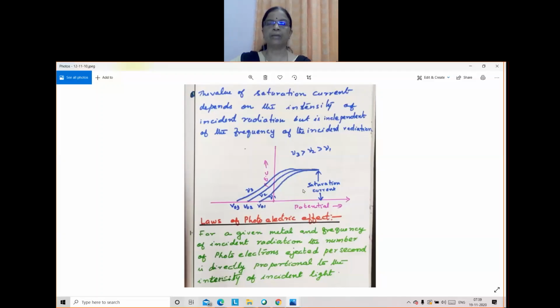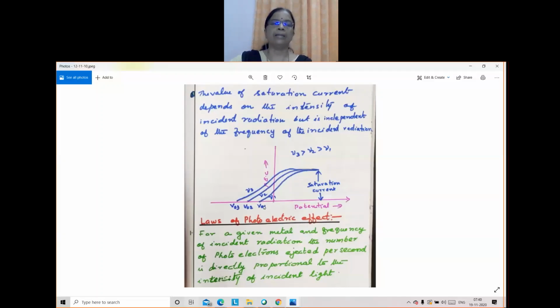ഇനി വേറൊരു റേഡിയേഷൻ എടുത്ത് സ്റ്റഡി ചെയ്തു. ഫ്രീക്വൻസി മാറ്റി, ഇന്റൻസിറ്റി മാറ്റിയിട്ടില്ല കേട്ടോ. ഇന്റൻസിറ്റി സെയിം. ഇന്റൻസിറ്റിയും ഫോട്ടോ ഇലക്ട്രിക് കറണ്ടും തമ്മിലാണ് ബന്ധം. ഫ്രീക്വൻസി, കൈനറ്റിക് എനർജി, പൊട്ടൻഷ്യൽ അതൊക്കെ തമ്മിലാണ് ബന്ധമുള്ളത്. ഓക്കെ. ഇന്റൻസിറ്റി സെയിം ഹിയർ.